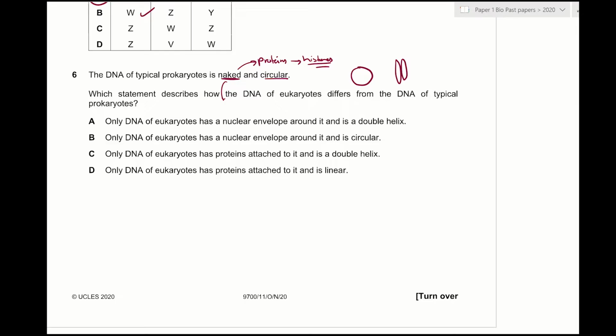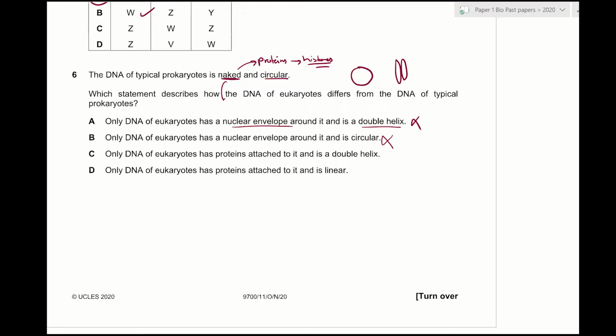Let's look at the suggestions that we have. A. Only DNA of eukaryotes has a nuclear envelope around it and a double helix. Both of these are not the opposite of naked and circular, so this is incorrect. B. Only DNA of eukaryotes has nuclear envelope around it and is circular. This is incorrect. The DNA of eukaryotes is not circular.